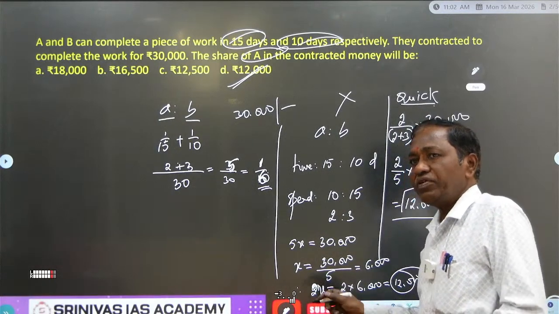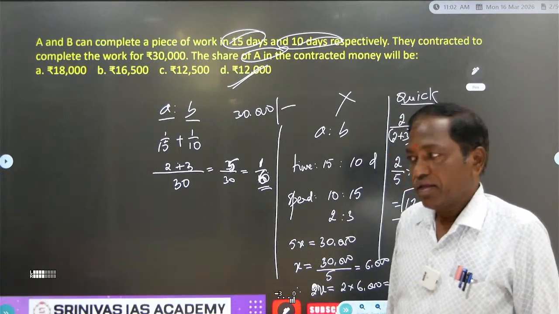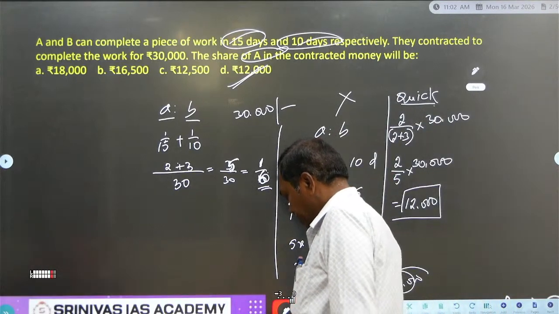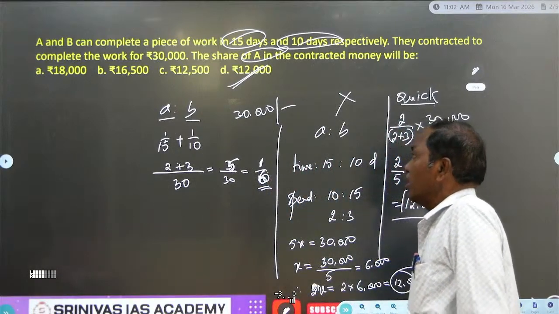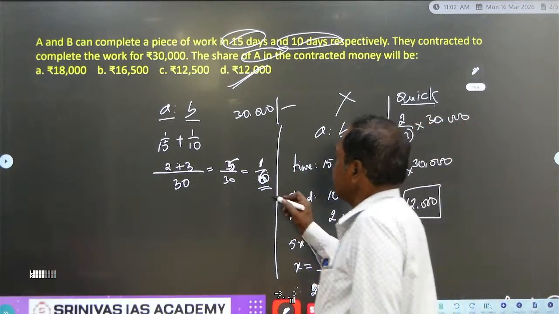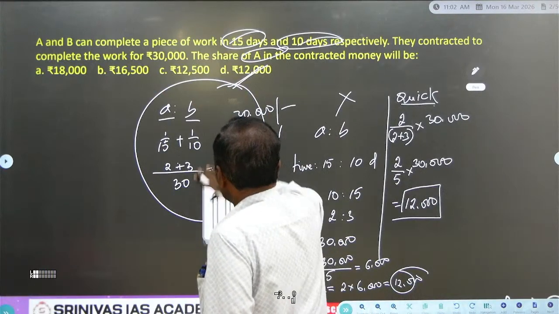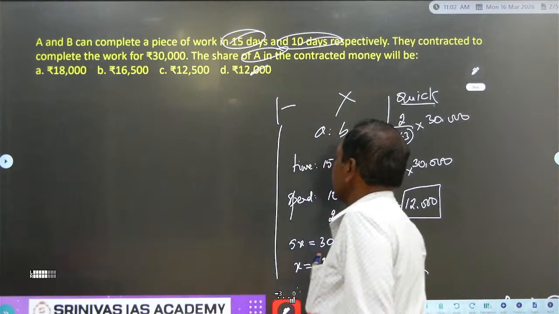This process is everywhere, we can see it in ratios, percentage, averages, even in profit and partnership. Of course, now this is not required for us actually.